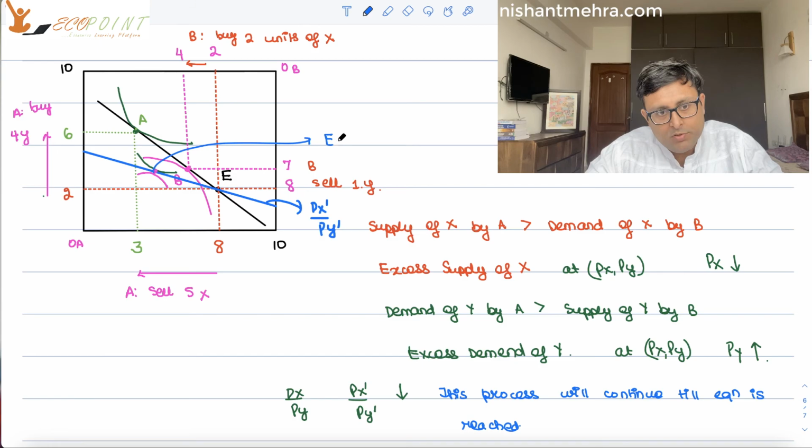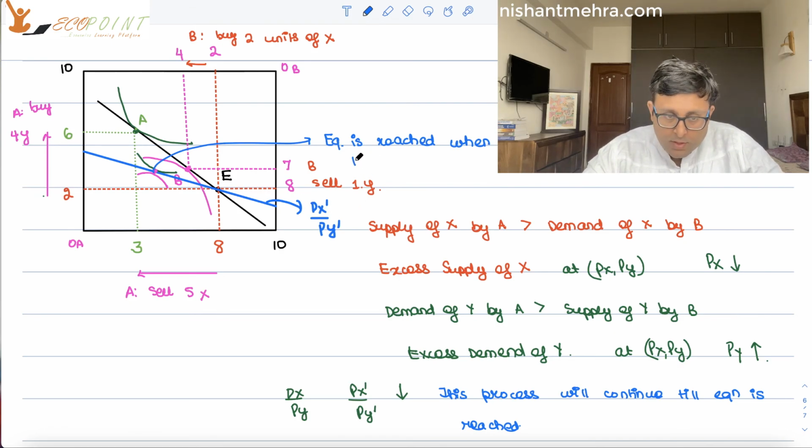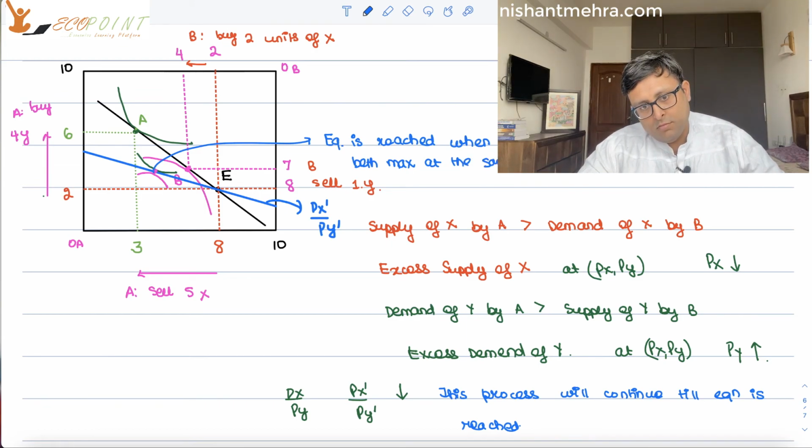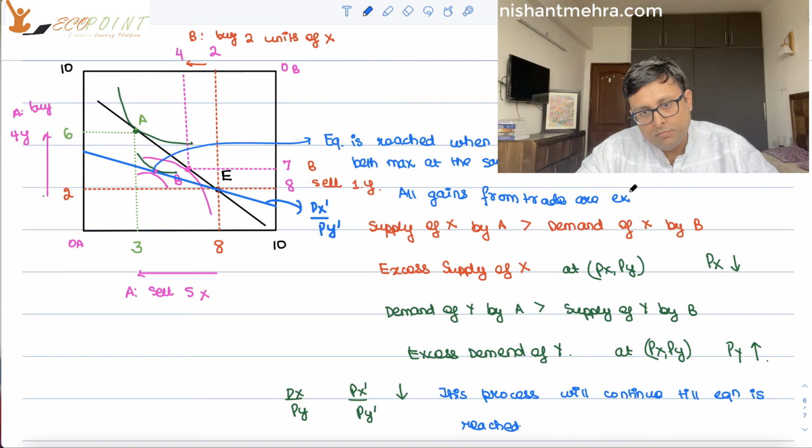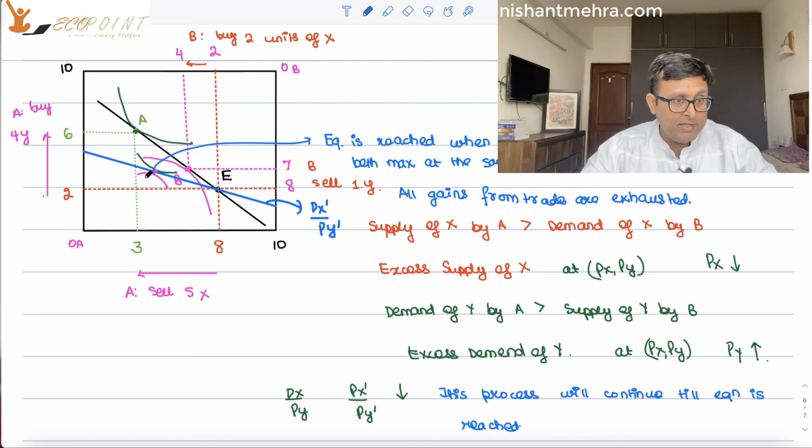You say that equilibrium is reached when, very loosely speaking, both maximize at the same point, or in other words, all gains from trade are exhausted.